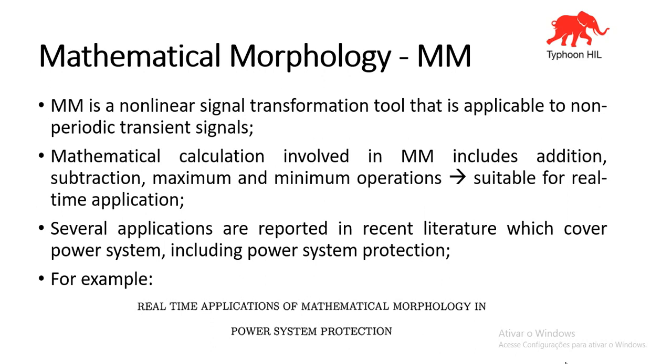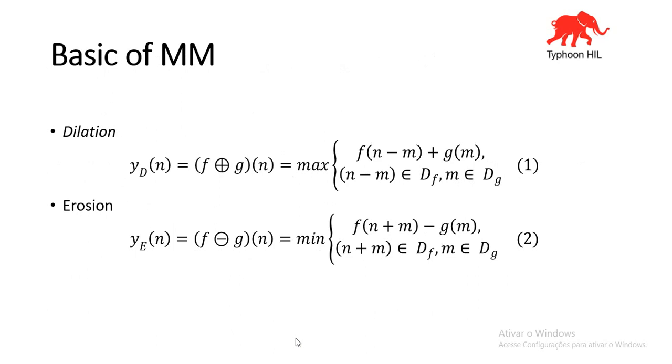So our goal is to validate if this kind of tool is really suitable for real-time applications, as for example these PhD tests. Basically there are two operations called dilation and erosion.